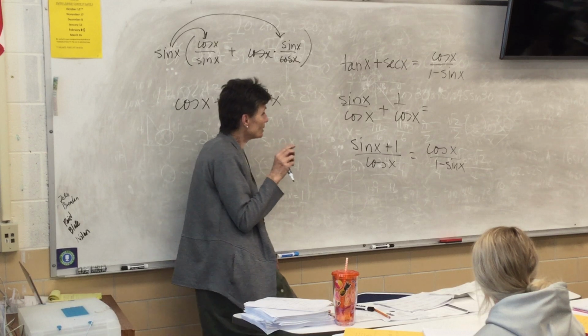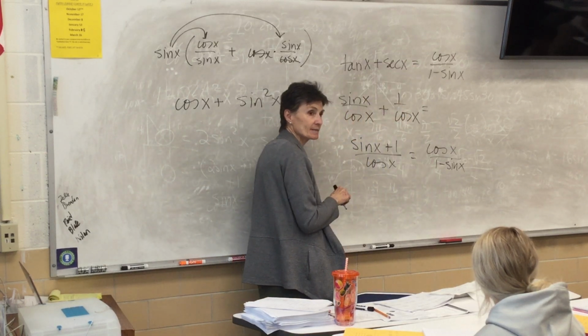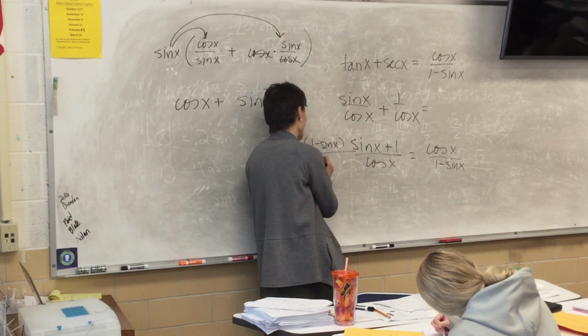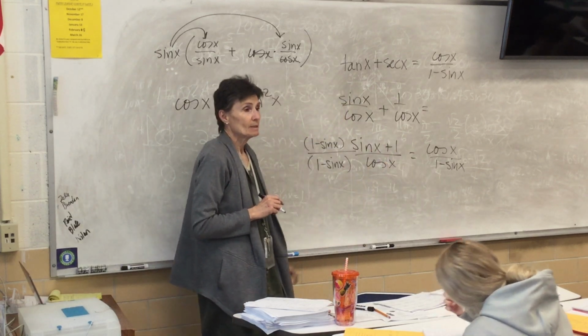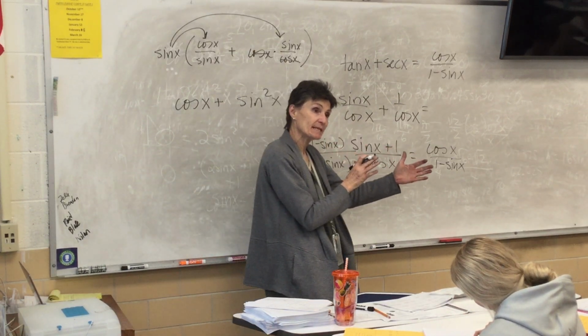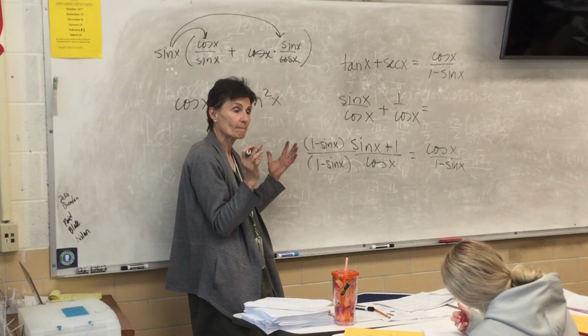Yeah. You know what? I'm going to multiply by 1 minus sine x, top and bottom. Because, Alexis, I'm allowed to multiply by whatever I want. And isn't that what I want in the bottom? Now, would sine x minus 1 work? Yes, but I'd have an extra step at the end to get it turned back around. So I'm going to go ahead and just do it right from the beginning.